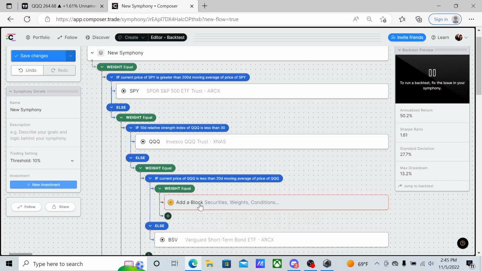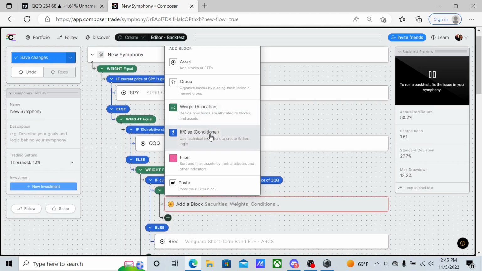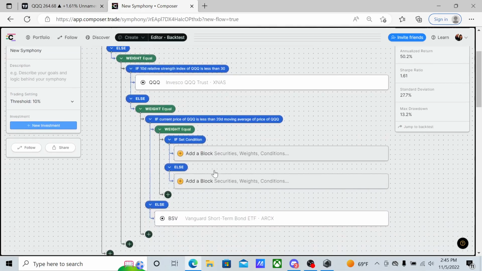Otherwise, we will use BIL and the shorting of the market. So you'd have two choices depending upon whether long-term bonds are doing well or poorly.